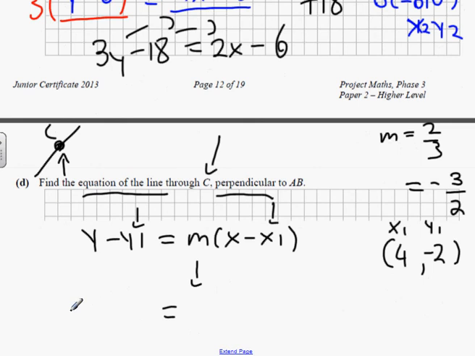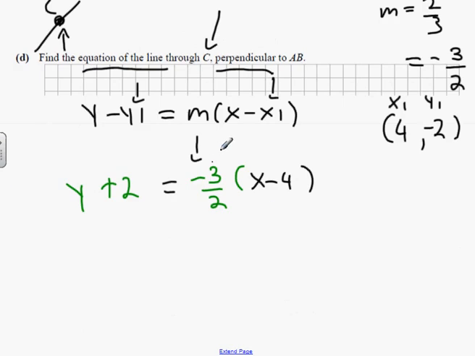Alright, so y minus 2. What's minus 2? Plus 2. So y plus 2. M value, anybody? Minus 3 over 2. X1 value? It's 4, hence it goes to minus 4. Now that we're done there, what do we need to do next?